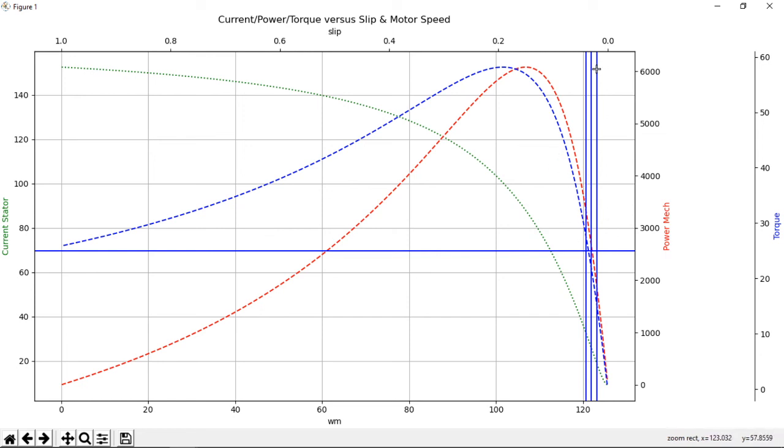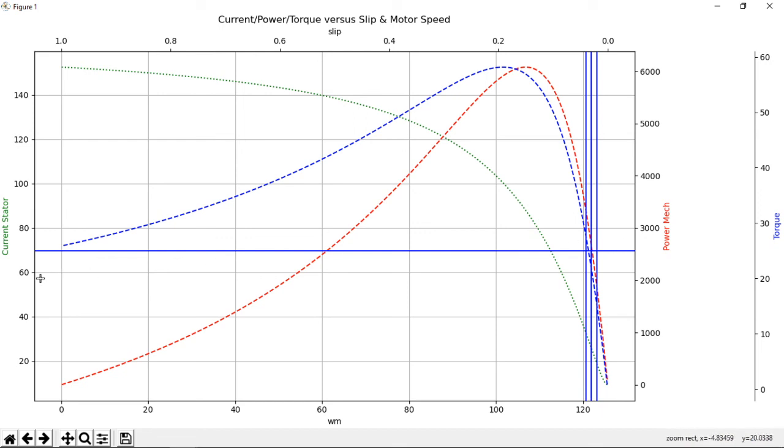This curve corresponds to a slip of 0.02 or 2%, 3%, and 4%. What we discovered is that for this particular motor, the max torque we could get was around 25 times 3, so 75 roughly, if it was a constant load torque.